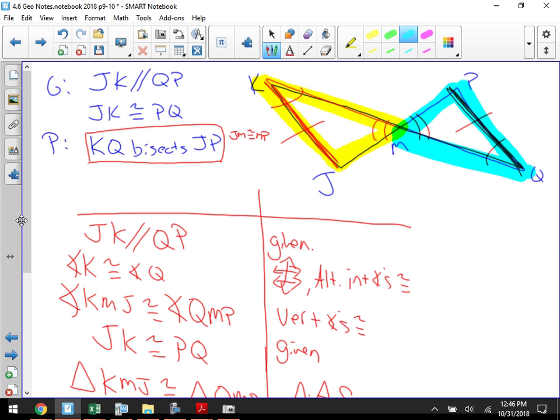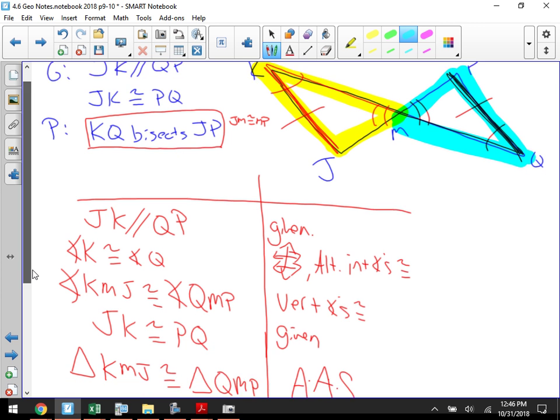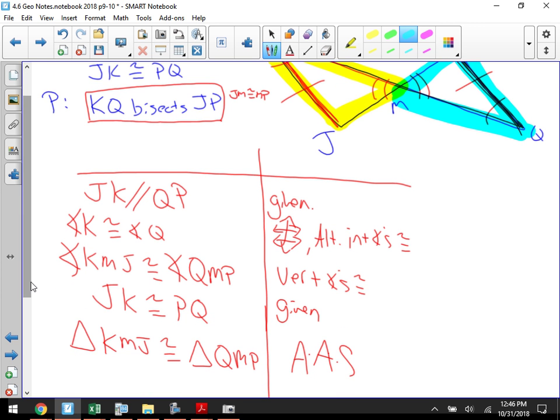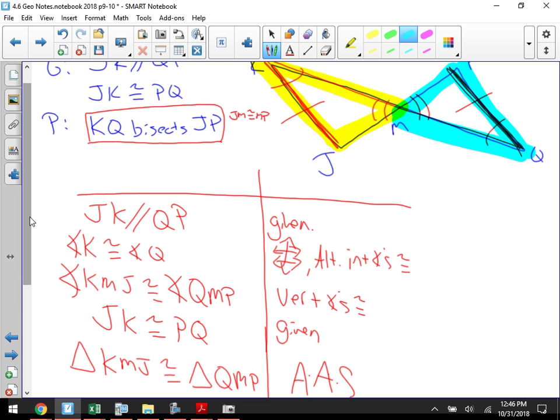There's correspondence between everything. We know that we have 2 angles already that are congruent to each other. We have 1 set of segments that are congruent to each other. If I follow the lettering, I can say MJ is congruent to MP. The letterings correspond.